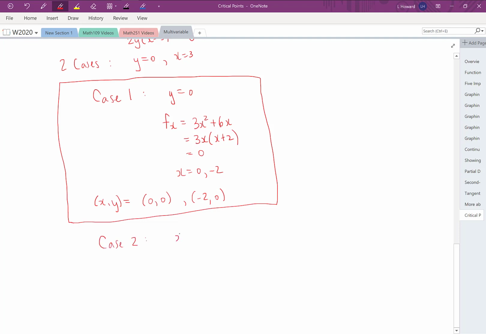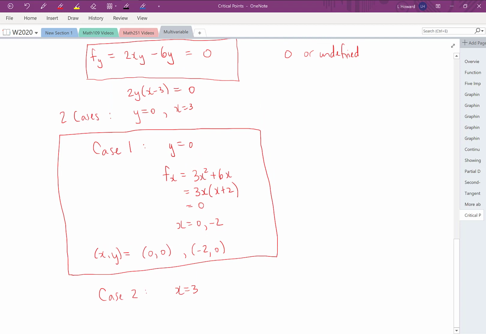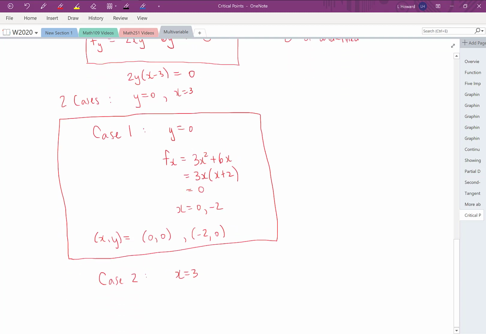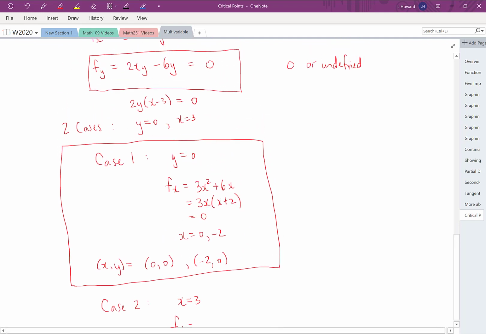So case 2 is that x equals 3. And remember that case came from using the information contained in f sub y. So what we need to proceed with the problem is look at what that means for the other partial derivative. So we're going to take x equals 3 and plug that into f sub x and see what that leads us to. Okay, so f sub x, I think I'll just recopy it from above.